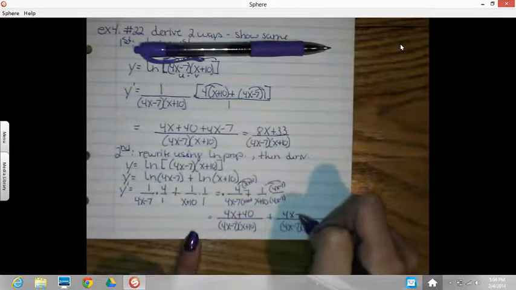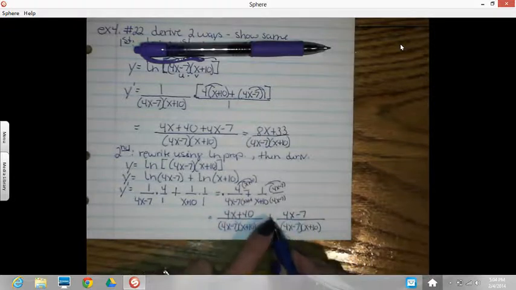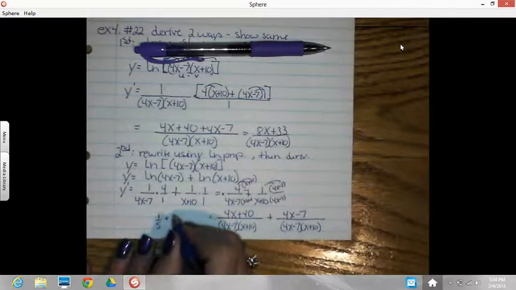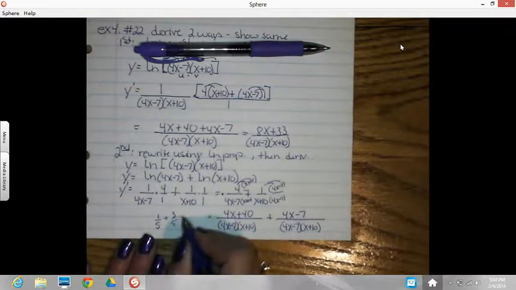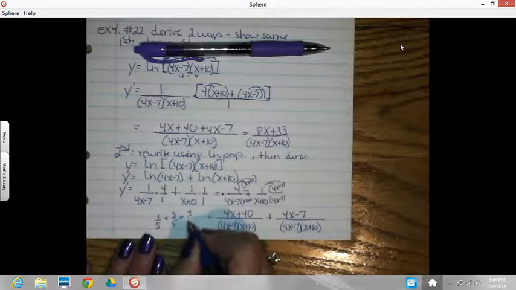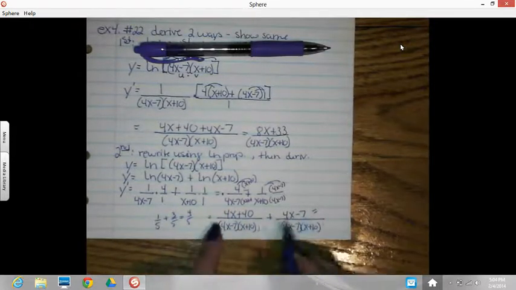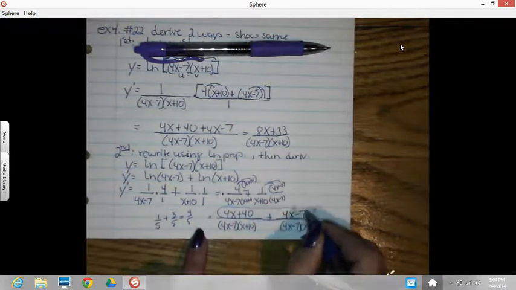4x minus 7. Now that they have a common denominator, I can add the two numerators together because it's just like 1/5 plus 3/5. When you have a common denominator, you just combine the numerators and you keep that common denominator, 4/5. Doing the same thing here. I'm going to add the numerators together, combine them, all over that common denominator.